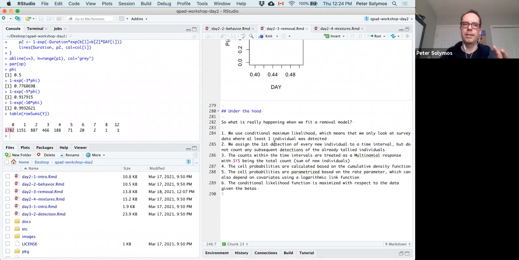And by doing this, we are conditioning on y being greater than 0. And as a consequence, because we assume there are no errors like false positives, where we would count something which is not really a Tennessee warbler or not really there, we say that's not possible, we are good birders. And so we are just looking at the 1s, 2s, and so on, and how, when we have an indication of the species being there, that count is divided across the time intervals.